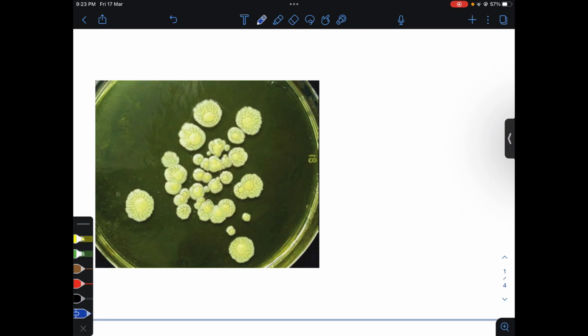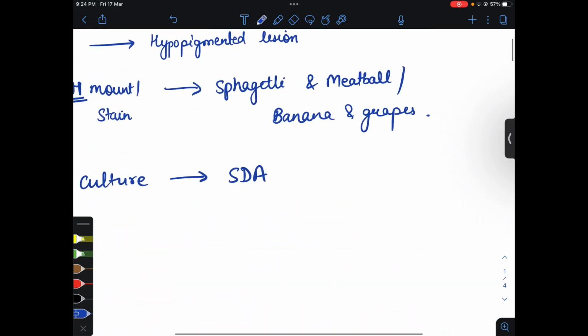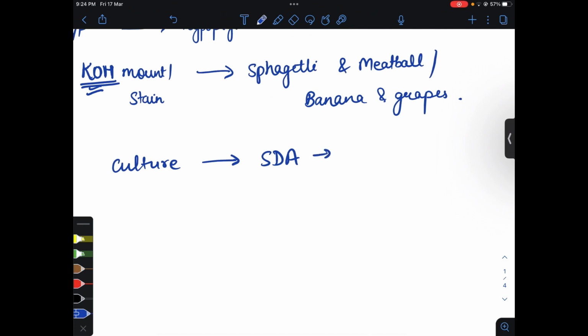Whenever we see the fried egg appearance for Tinea versicolor, please remember we have to do the culture by adding olive oil. You can remember it like this: before putting the egg in the pan, we put oil in it. So for culture we use SDA with olive oil, and we see a fried egg appearance.